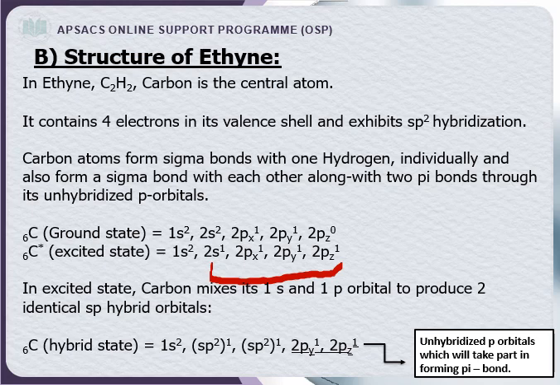Now, among them, only 2 orbitals will get mixed, that is one s and one p orbital, to form 2 sp hybrid orbitals, while the other 2 p orbitals retain their identity as such, which will form the pi bonds.